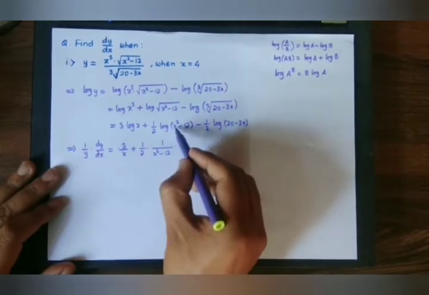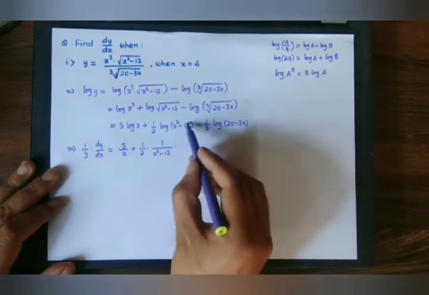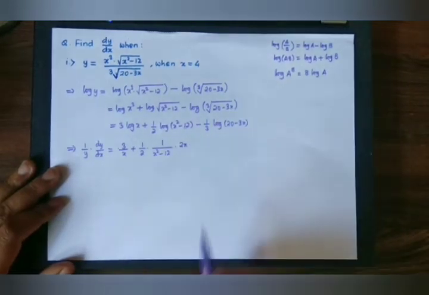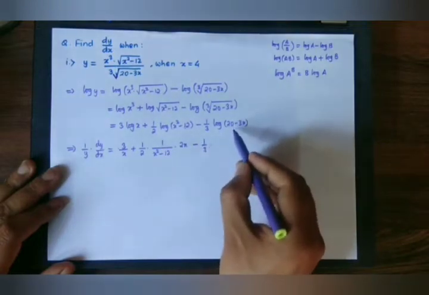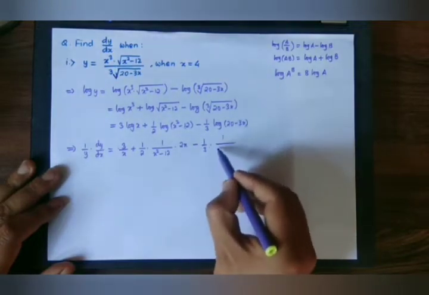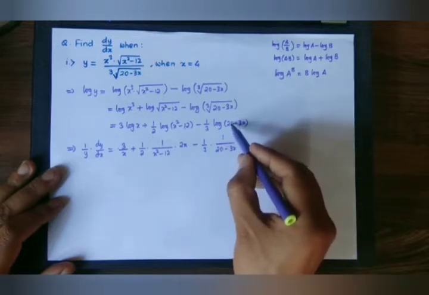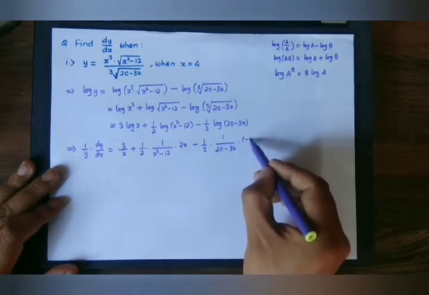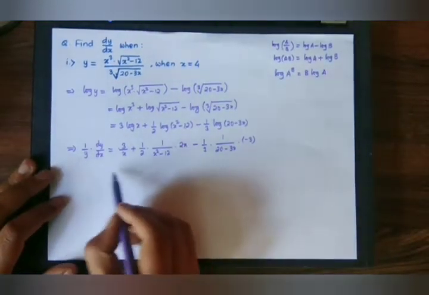Now we need to differentiate this inner one, that is differentiation of x squared will be 2x, and 12 becomes 0, so that's why it becomes only 2x out there, right? Similarly minus 1 by 3, differentiation of log becomes 1 by 20 minus 3x into, now we need to differentiate this as well. So differentiation of 20 will be 0, and minus 3x is going to be minus 3.